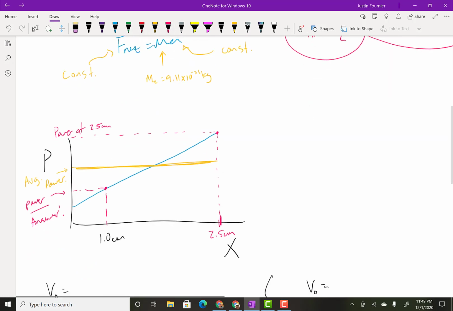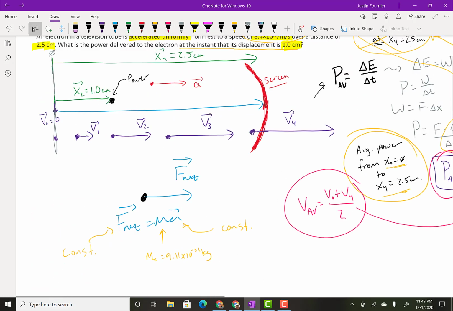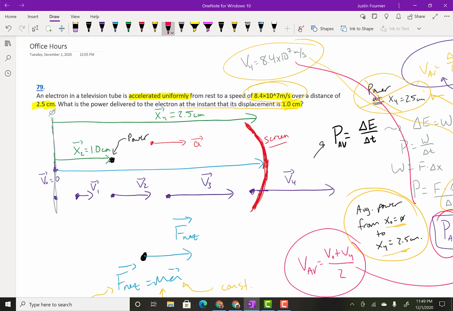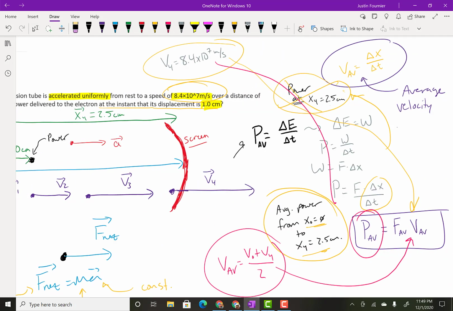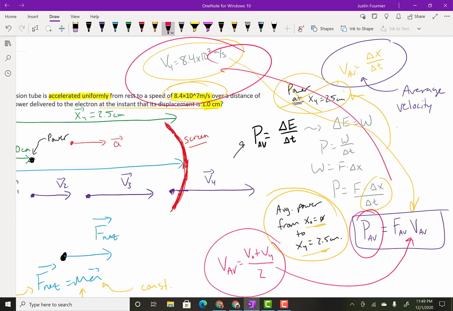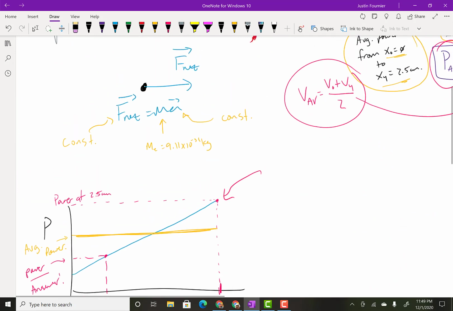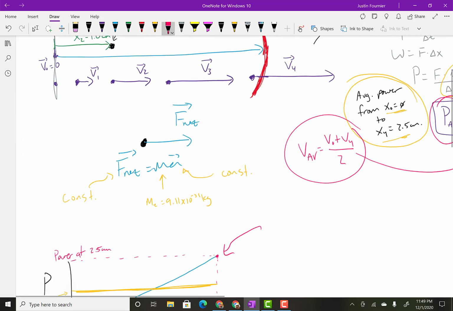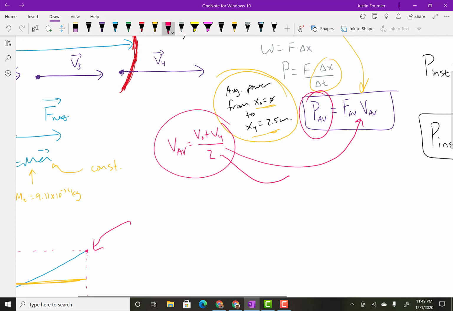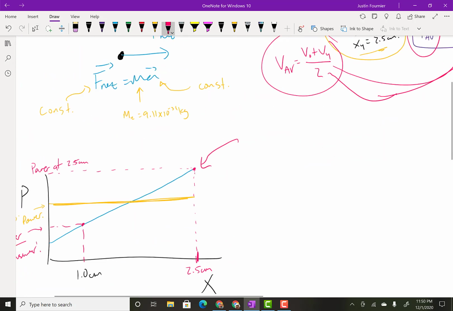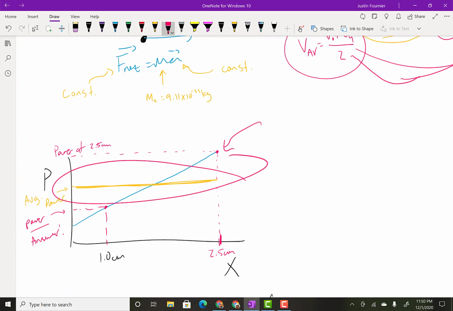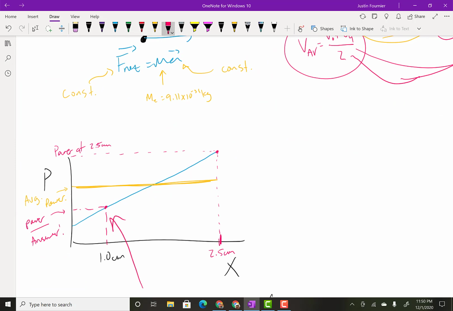If I plug this velocity into that equation, I get the power here. If I plug in this average velocity, I get the power here. I don't want either of those. I want the power at 1 centimeter. This is what makes this problem challenging.